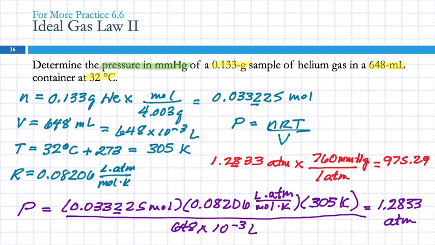I'm going to round up. 975 millimeters of mercury. Any questions?